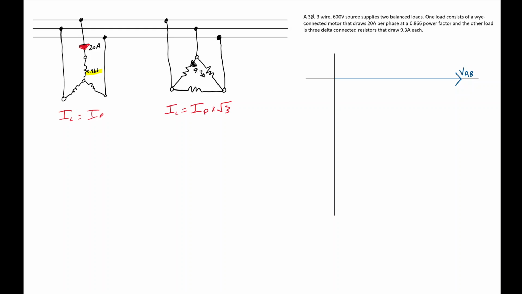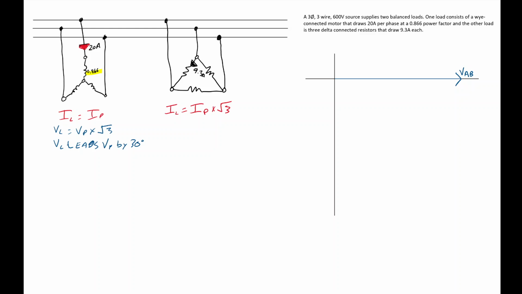With the Y load, I need to figure out what my phase voltage is. In this case, it's a Y load. We know V line equals V phase times root 3, and we know that V line leads V phase by 30 degrees. Those are our rules.